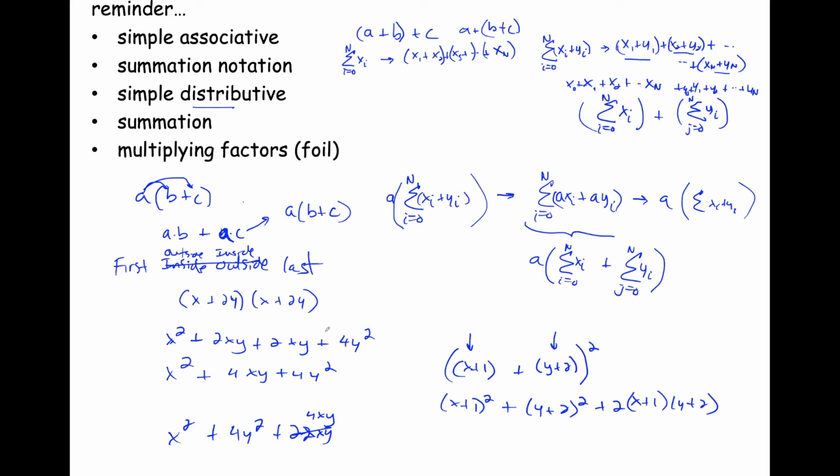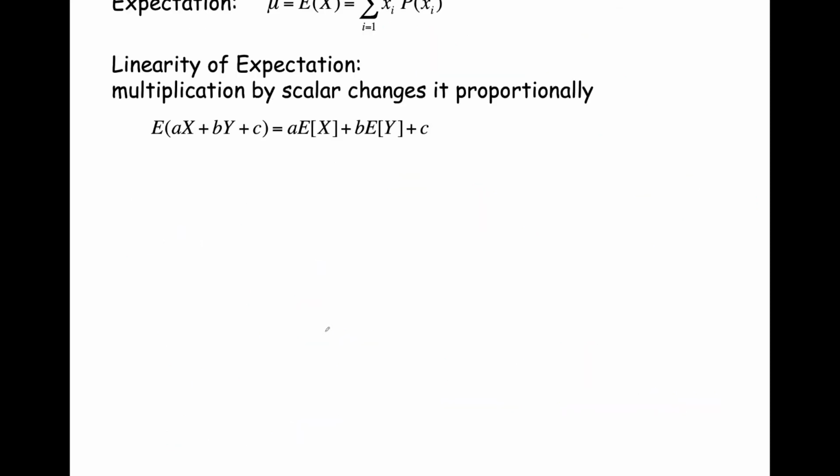So we're going to use all of this to help us with some expressions to give us identities and properties as they relate to the variance and the expectation for different transformations, operations we can perform on random variables.